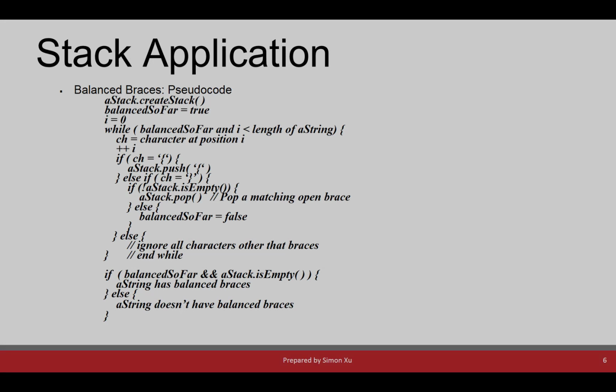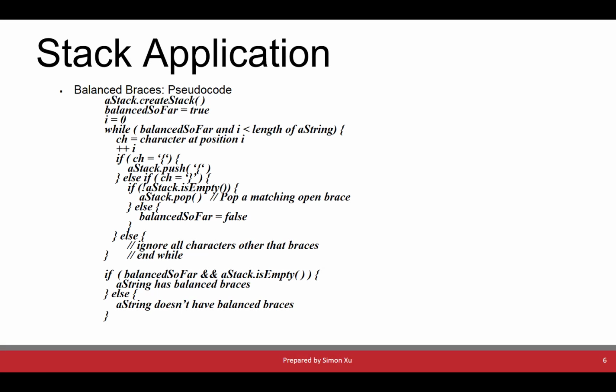Here is the short code for balanced brackets. We need to create a stack, initially empty. We also need to define a variable, balanced so far. If at a certain point of the process the brackets are not balanced, then we don't need to go further.